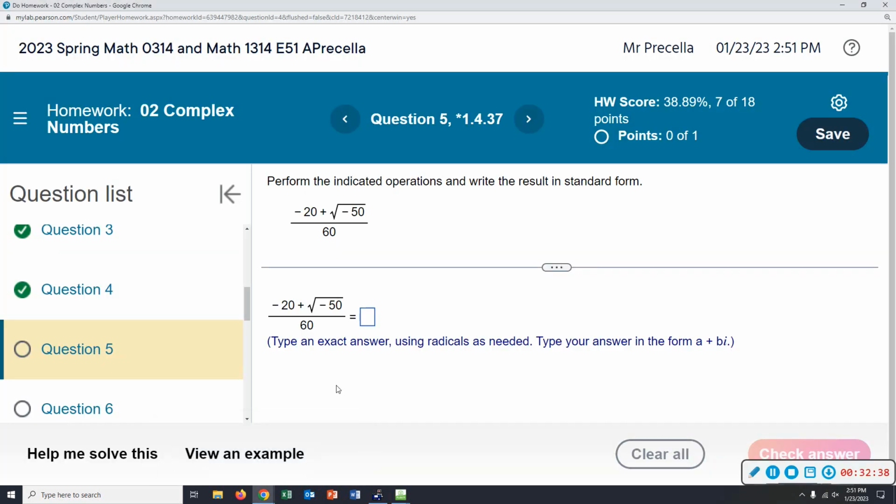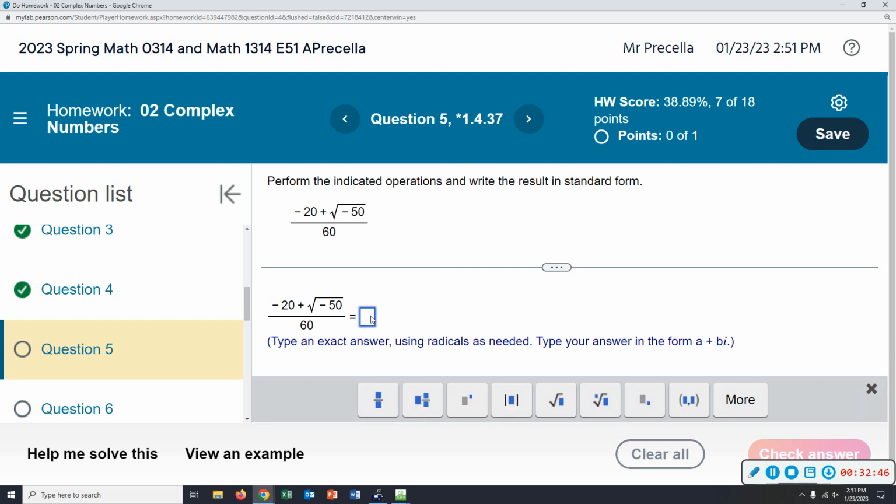Let me see. So to type this in, I recall typing fractions the last time. Oh, yeah, we did. So it's a negative, and I'll hit the little fraction hot button, 1/3. And then plus, don't do that. What's wrong? That plus shouldn't be in the bottom.